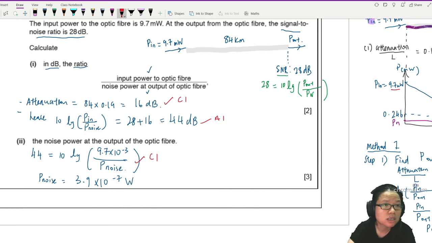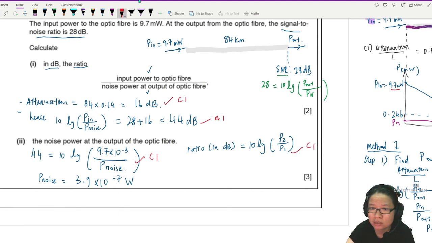The other C1 mark is actually, I don't know why, but they want this. I guess if your answer is correct, then you don't write this, you can also get full marks. So this is the ratio of any power P2 over P1. So writing this equation is actually C1. And then the final answer is A1.